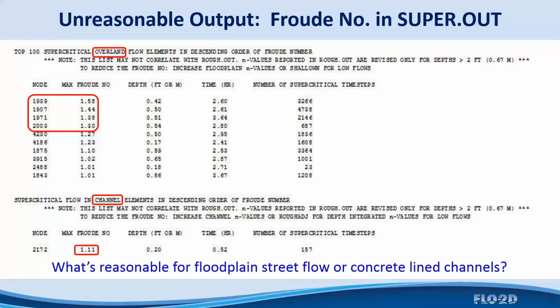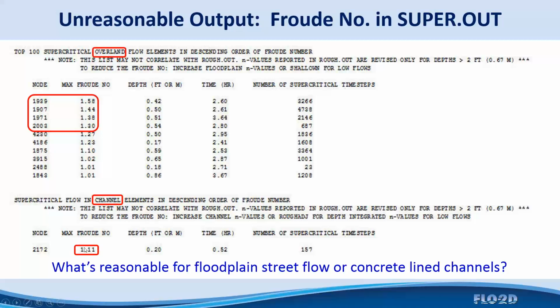For SUPER.OUT, for supercritical flow, it shows you how high the maximum Froude number was and how many times it was encountered in a given grid element. You can do this for both floodplains and the channel and the streets too, if you're using 1D streets, which isn't used so much anymore.